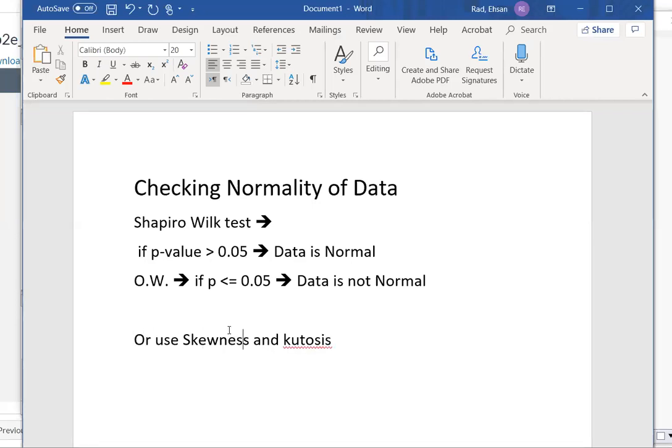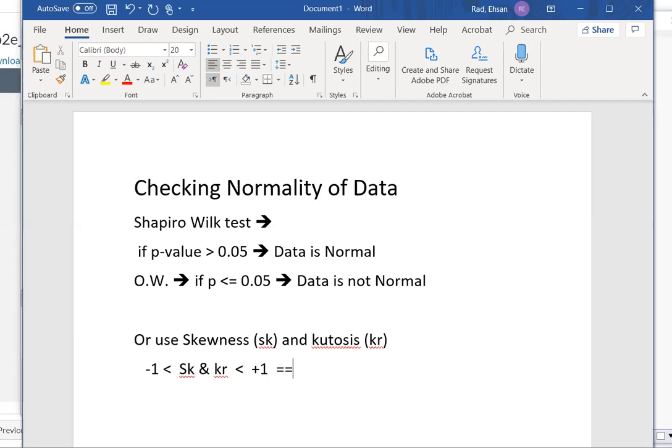We represent skewness using SK, kurtosis using KR, and SK and KR to be between +1 and -1.